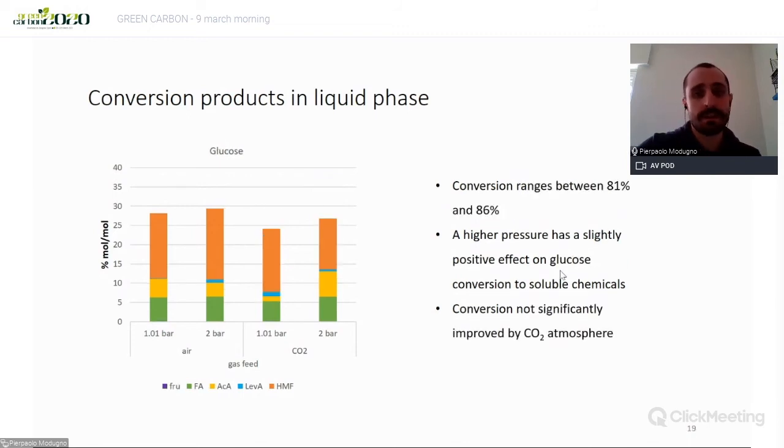On the contrary, the glucose conversion in this condition ranges between 81 and 86%. So we can still see that a higher pressure has a slightly positive effect on the glucose conversion to soluble chemicals, but the presence of carbon dioxide atmosphere doesn't have a strong effect on the conversion of glucose.